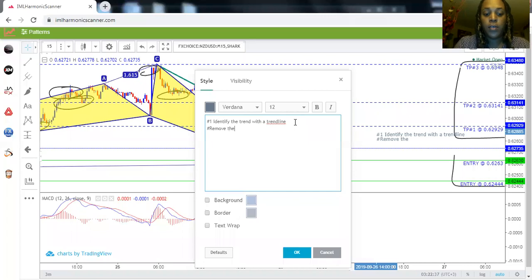Remove the RSI indicator at the bottom. Right, that's number 2. So that you guys could just take a screenshot of this when done. Number 3, add the MACD from the indicators.